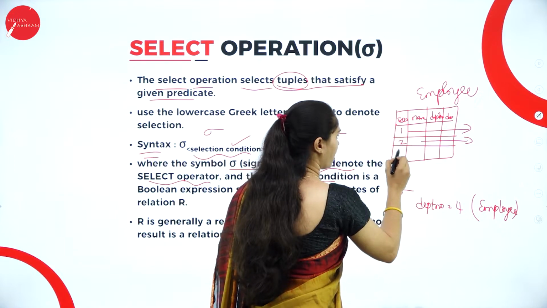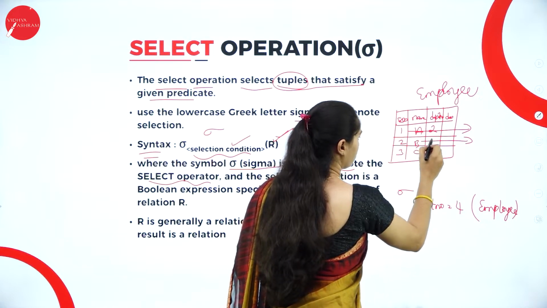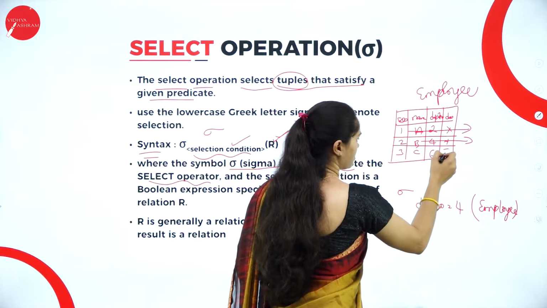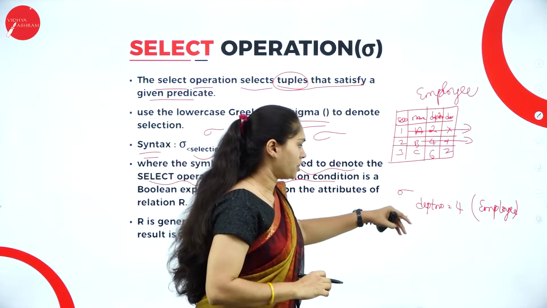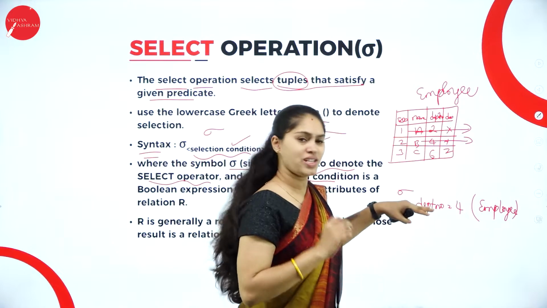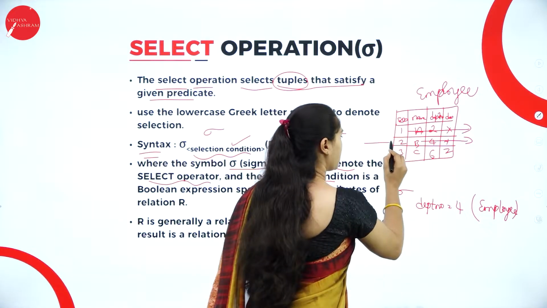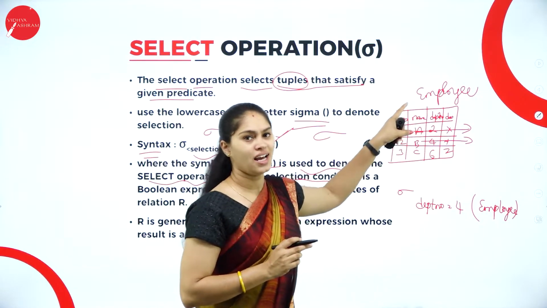Let me consider 1, 2, 3 and let me consider A, B, C. Here it will be 2, 4, 6 and the department will be X, Y, Z. Just imagine it in this way. Now I want to select the row where department number is equal to 4. Then it is going to return this tuple or record from the relation called employee.